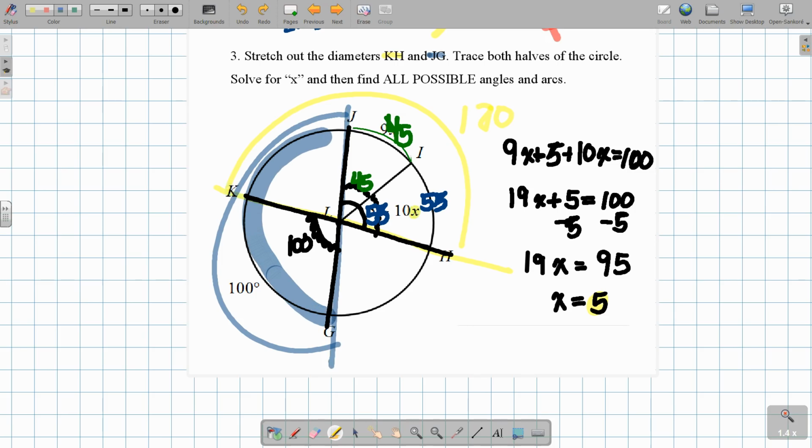Remember, that is 180, friends. And if from here to here is 100, you should easily be able to get these guys. Which of course is 80. Which makes this central angle 80. Which makes its vertical angle 80. Which makes this minor arc also 80.